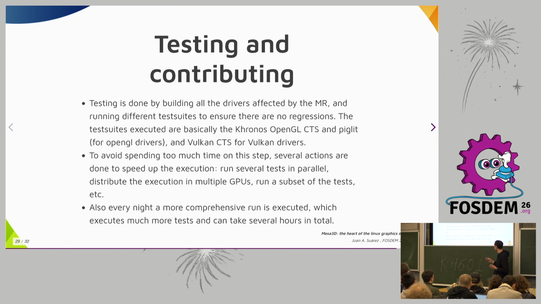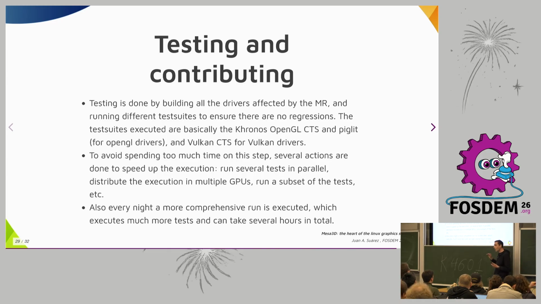Basically it executes Piglit, which is a set of community test suites for OpenGL. But we also run OpenGL CTS and Vulkan CTS, which are the conformance test suites for the driver. Running Vulkan CTS can take a lot of hours, okay?